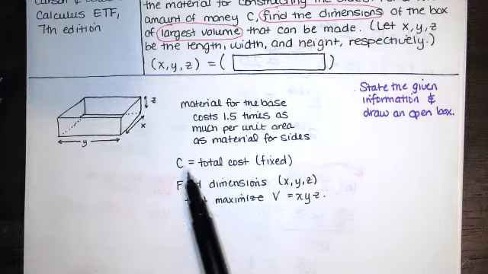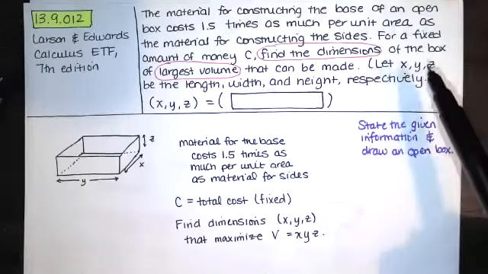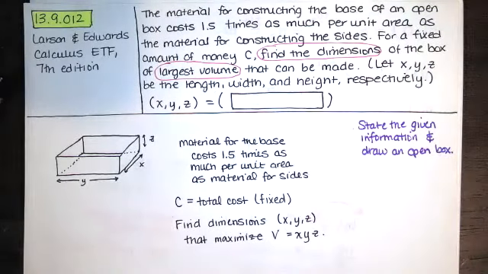And actually, I think it's going to be given by this. As soon as they told me that I had a fixed cost, for a fixed amount of money C, I knew that that was going to be my constraint. So there's going to be an equation associated with this total cost that tells me how X, Y, and Z must be related to each other.